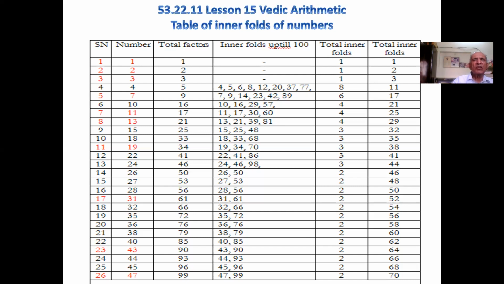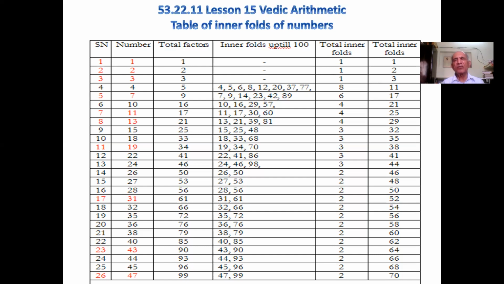So in the fourth row against number 4, the fourth column entries are 4, 5, 6, 8, 12, 20, 37, 77. This compilation is the compilation of the inner folds which are there within number 4.